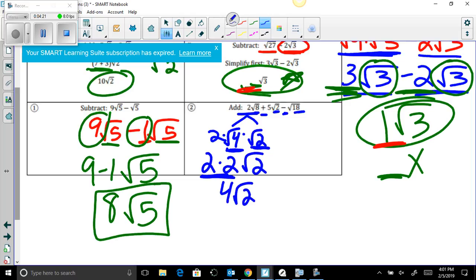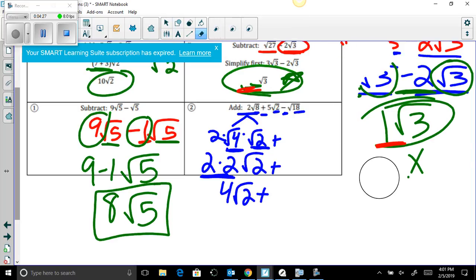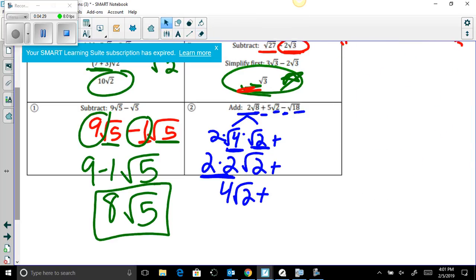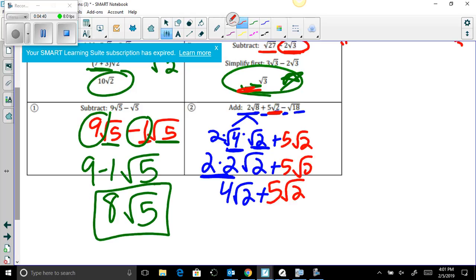So I went ahead and multiplied my like terms. Now I have a plus sign. Now I'm going to do the next part, the 5 radical 2. Is that radical simplified as much as possible? And it is, so I can bring it right down here. I can't simplify it anymore, so I would just leave it as it is all the way through. Now I've got subtraction, and let's see what we're left with over here. Radical 18.